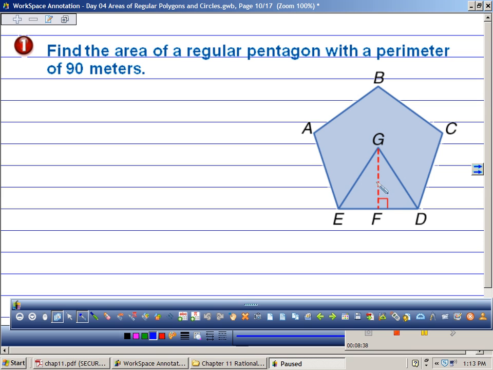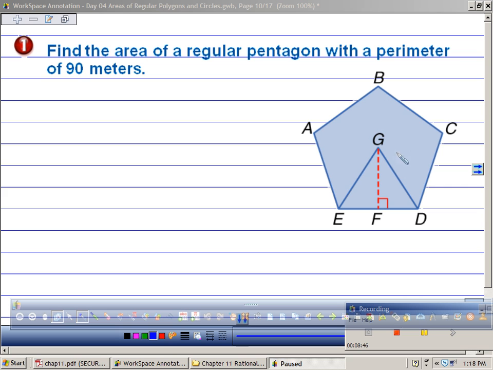Write down this figure. Okay, so let's start with this one. What do we know based on this figure so far? We know all the sides are congruent because it's a regular polygon. True.